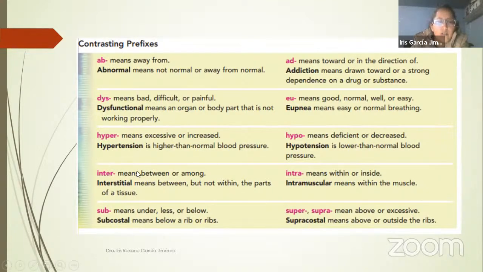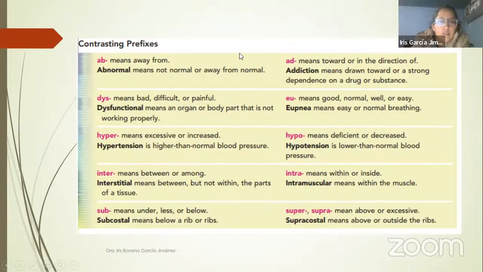Hypertension, interstitial, that's okay. Subcostal, addiction, eupnea, hypotension, intramuscular, supracostal.